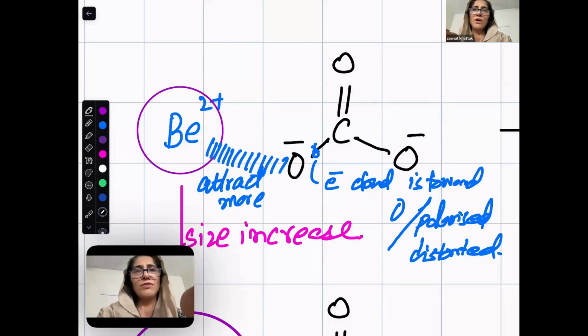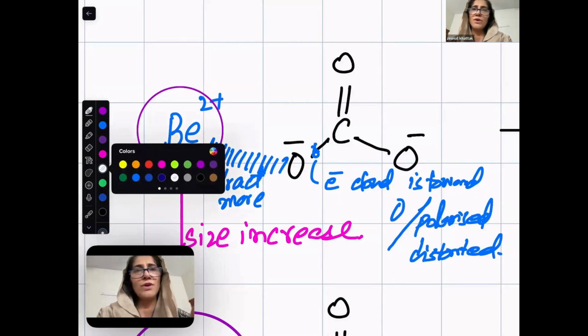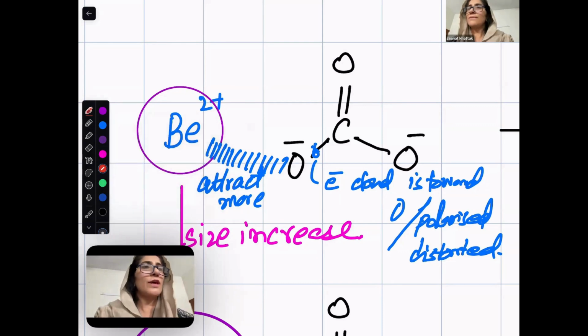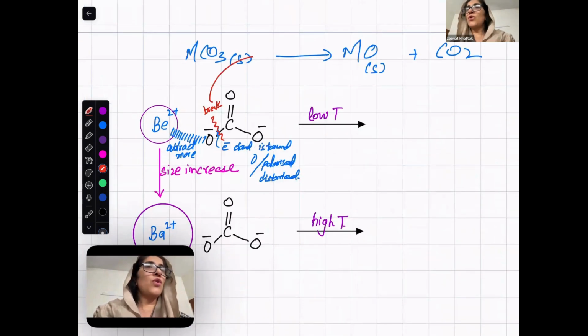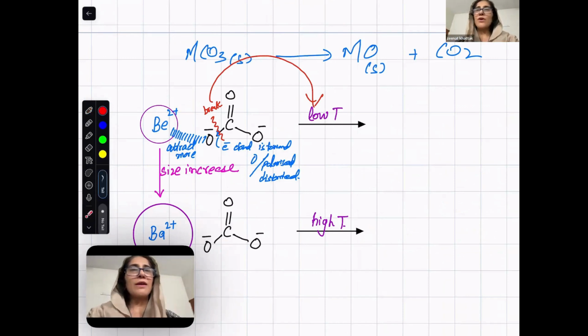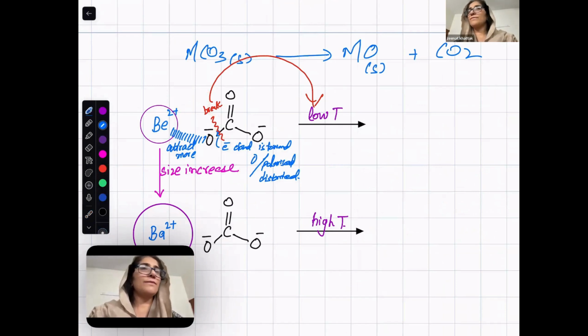So I want to use red for this. So this breaks at low temperatures. When it breaks, what will form? See, beryllium oxide plus carbon dioxide.